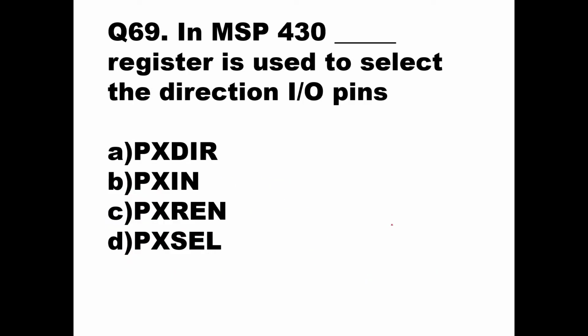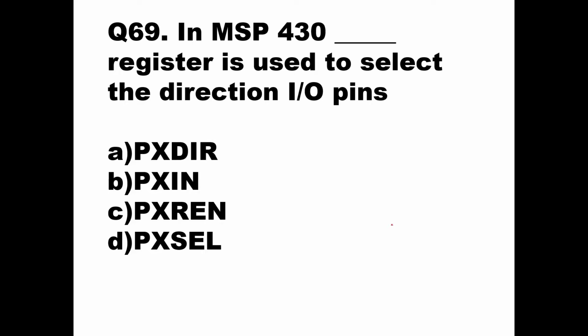In MSP430, which register is used to select the direction of IO pins? Here you can have port 1, port 2, port 3, port 4. The first register, PXDIR, is used for the direction of IO pins.